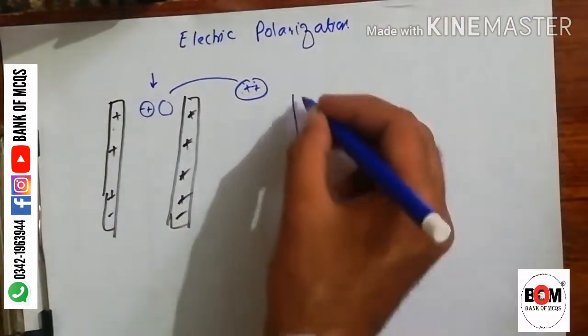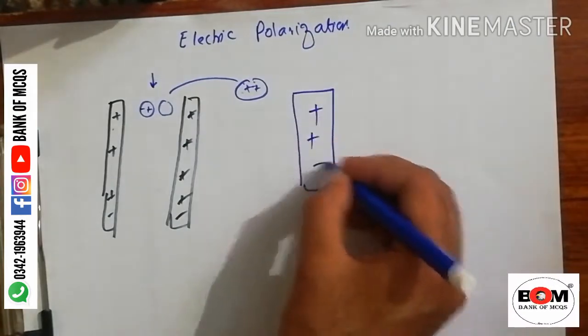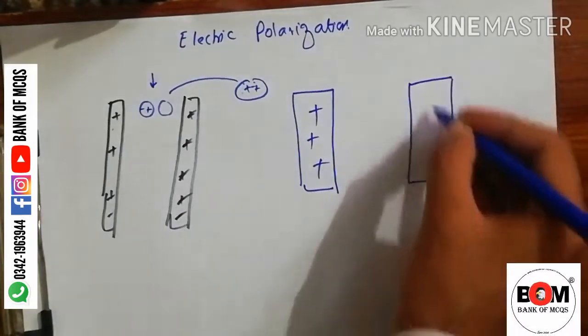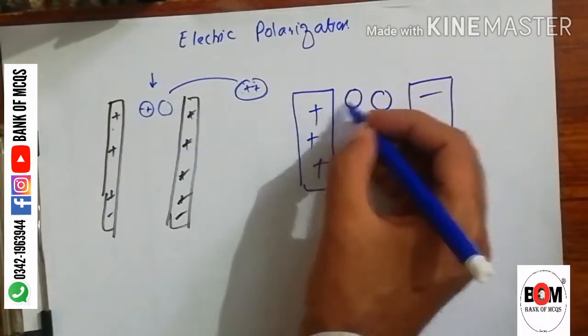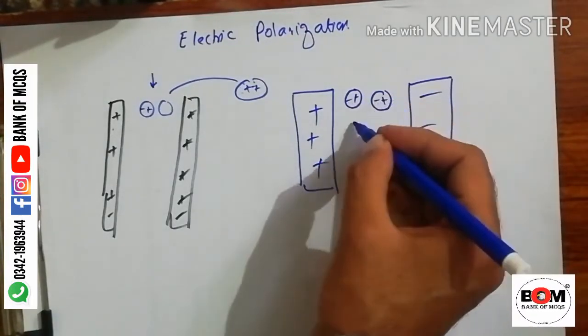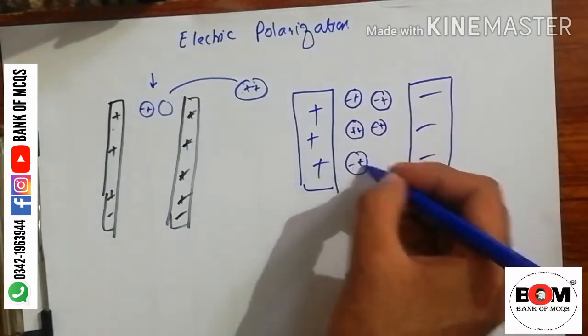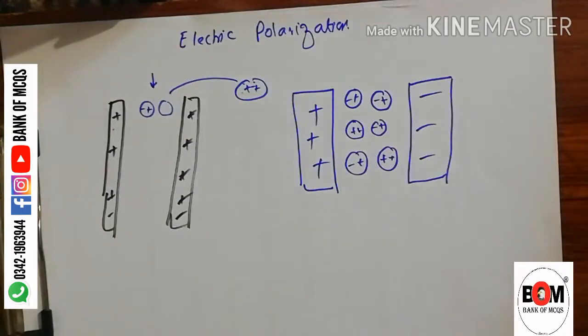Again drawing this, if these are two plates, one positive and the other negative, and a dielectric is placed between, the positive will attract the negative and the negative will attract the positive. So this is called electric polarization.